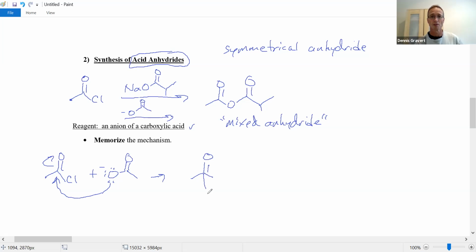And then let's put the chlorine down here. Whoa, why is that pi bond there? Five bonds to carbon? I don't think so. I'm going to put the chlorine down here. So here's what remains of the acid chloride, and then attach this oxygen to this sp2 carbon, and we're going to get the tetrahedral intermediate. I forgot to point that out in the previous mechanism.